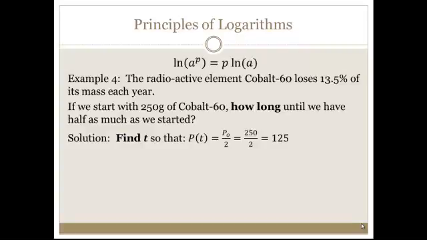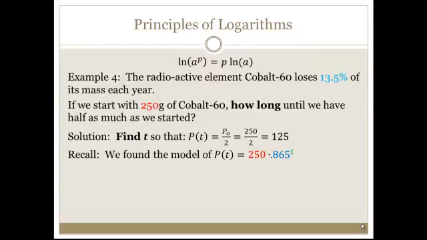Since we started with 250 grams, we want to find T so that P of T equals 125. Recall that we found the model for P of T to be 250 times 0.865 to the T. The 250 comes from our original amount, 0.865 comes from the fact that we lose 13.5% each year, in our variable T.